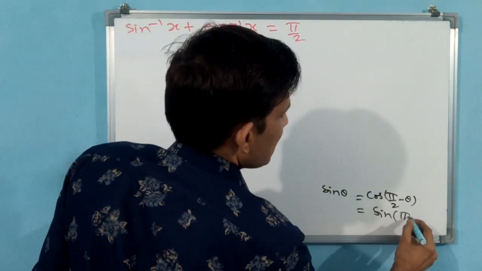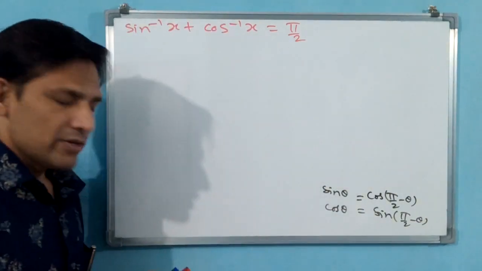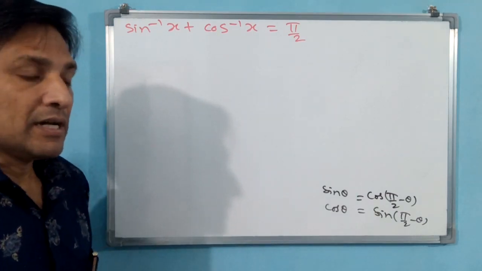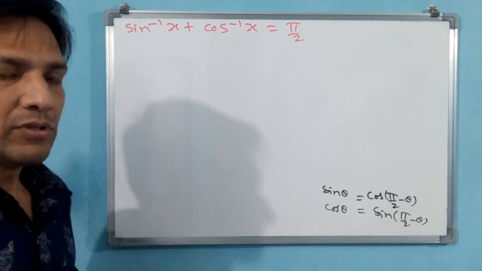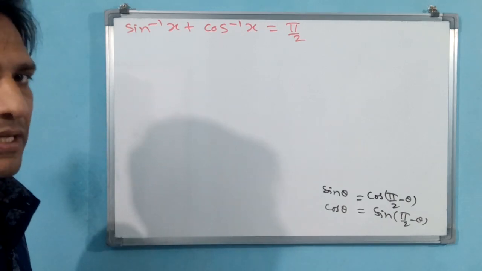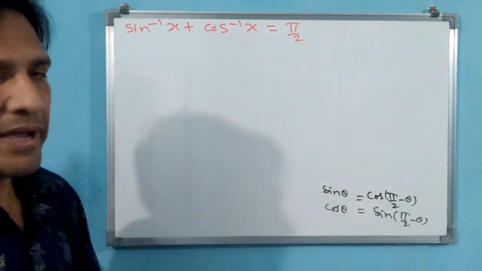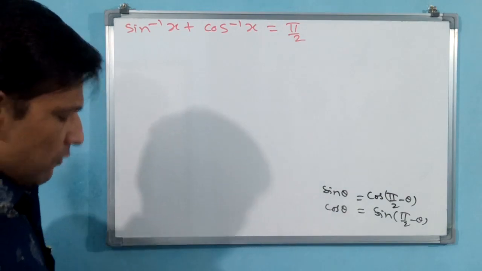Sin 90 minus theta is equal to cos theta. This we already know. Sin 90 plus theta is also equal to plus cos theta, but that we don't take here. Here we take only the minus one.